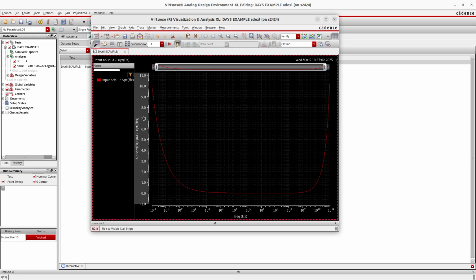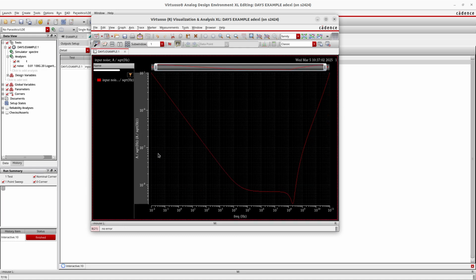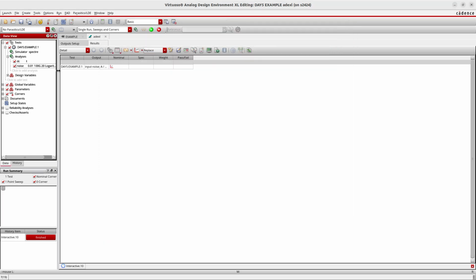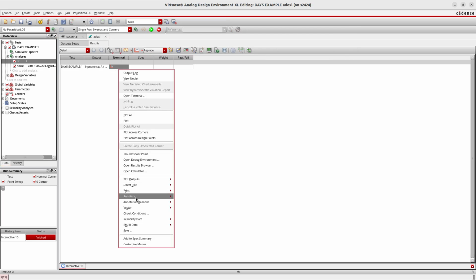Then when we run the simulation, we put this one in log scale, and then we can find all the information that we described in our equation with exactly the same parameters. Take a look at the DC operating point just to make sure that our transistor is biased exactly where we want it to be.